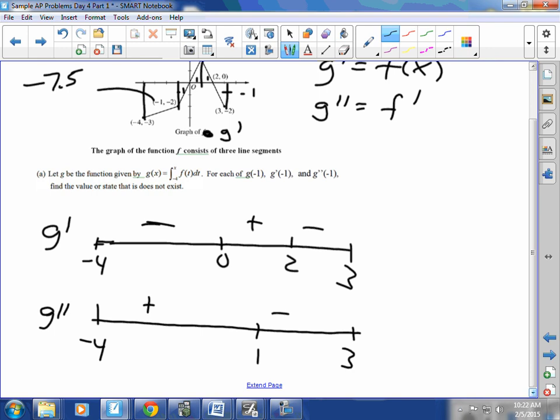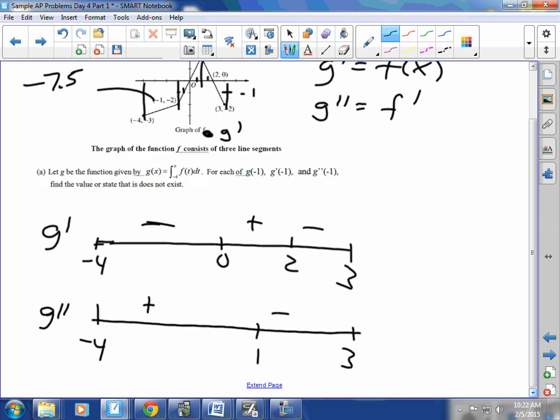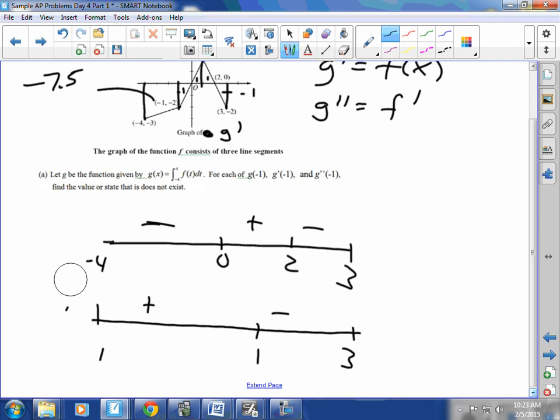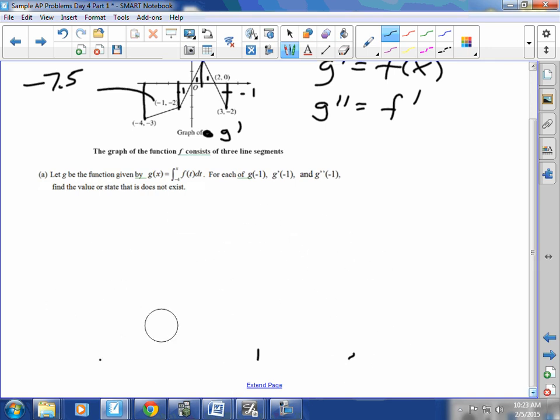All right, now let's answer question A. Find g of -1. g of -1 is the integral from -4 to -1 of f of t.